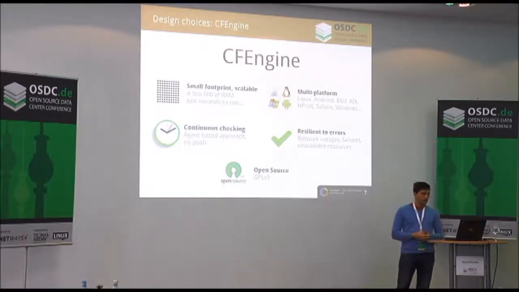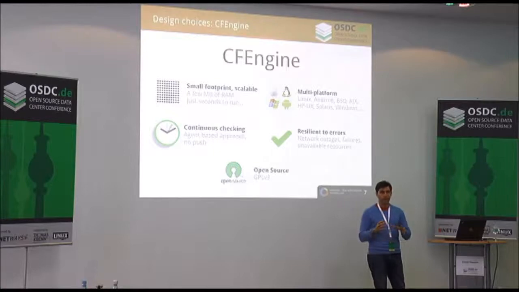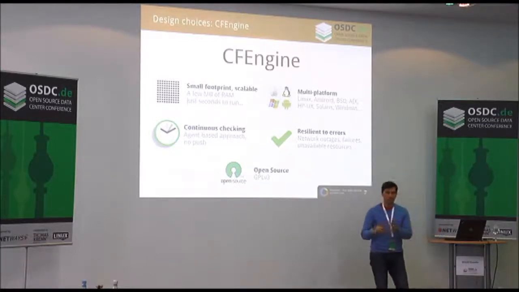And CFEngine can still work even if there's a problem with the network or with the main server. So if the server dies, CFEngine continues to apply its own rules as if the server was still there. And when the server comes back, it just updates its rules, and it continues to work.